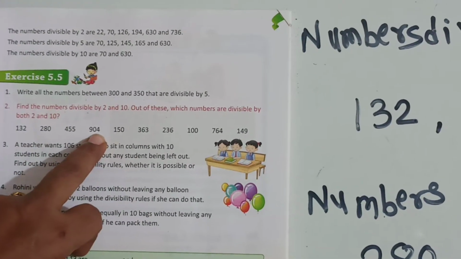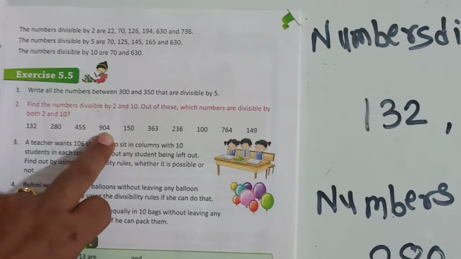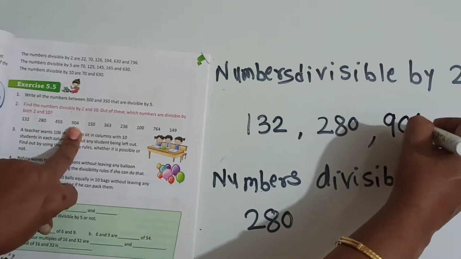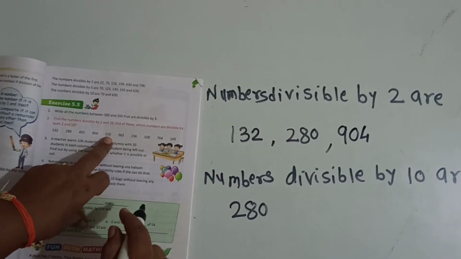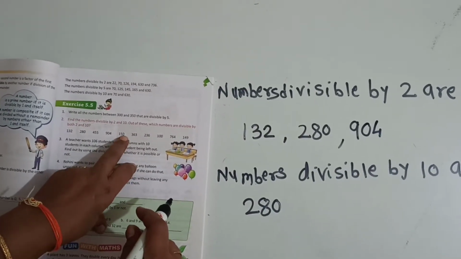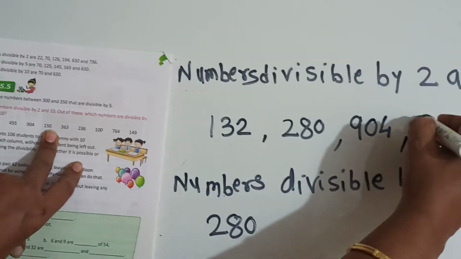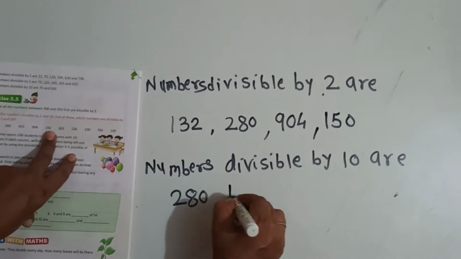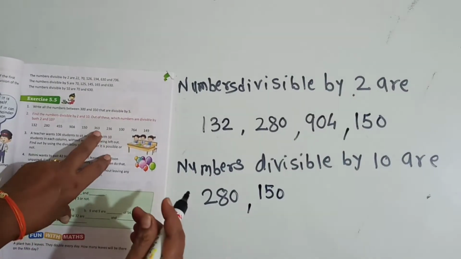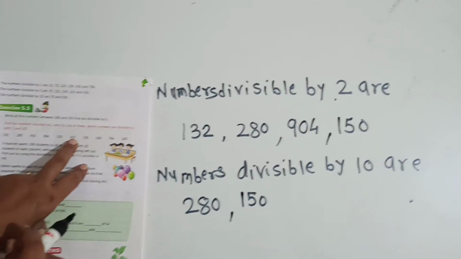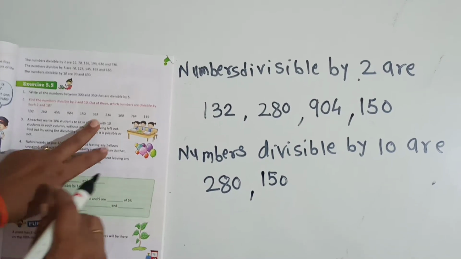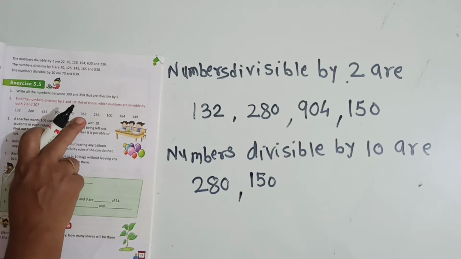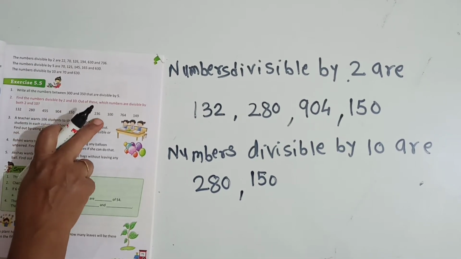Now here 904, there is 4 in the ones place. So it is divisible by 2. Now 150, ones place 0 means it is divisible by both 2 and 10. Now 363. Here the ones place is 3, an odd number. So it is not divisible by 2 and also not divisible by 10. 236.